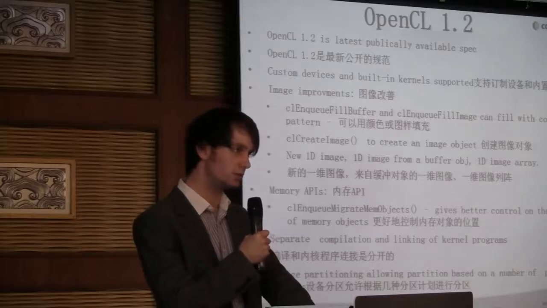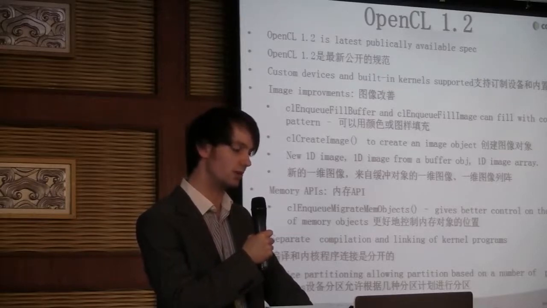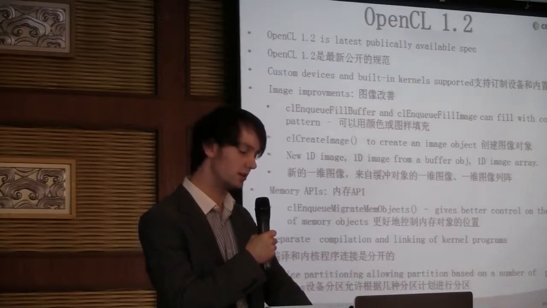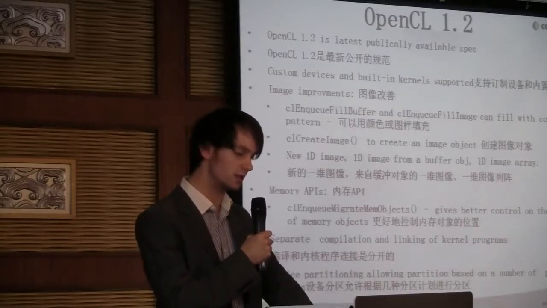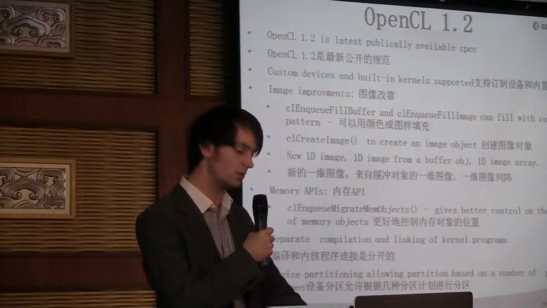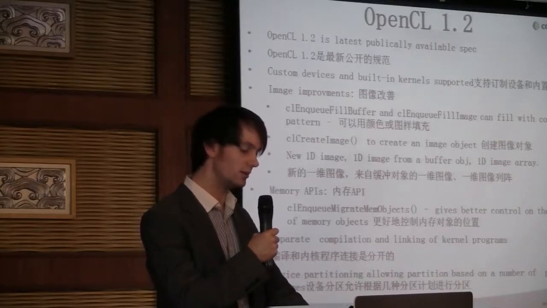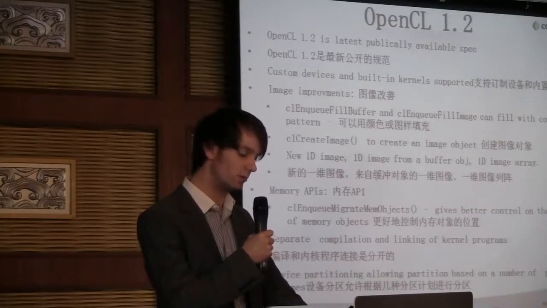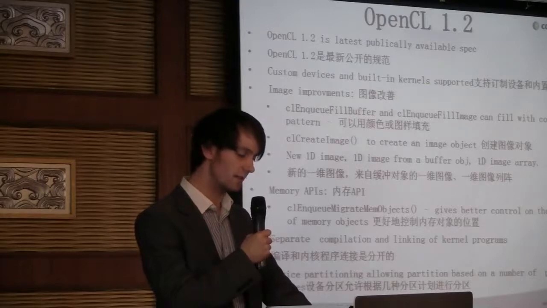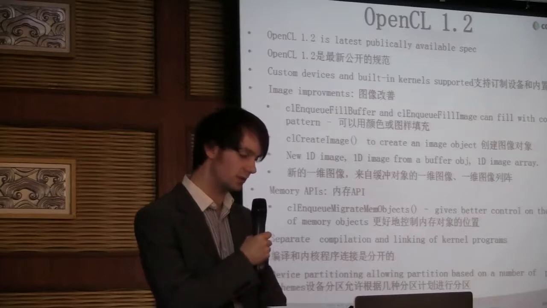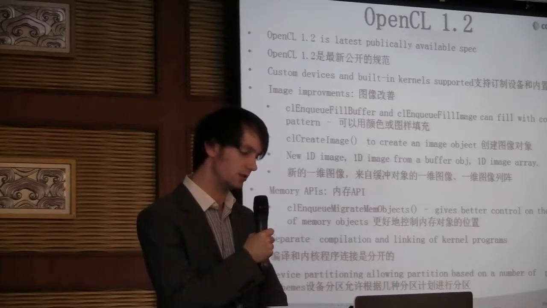So you could have two kernels to do one particular task, and another two different kernels to do a different task, and then you can use the device partitioning that you get with OpenCL 1.2 to combine these processes. As I say, that wasn't previously supported in 1.1, which is the slightly older version of the spec.